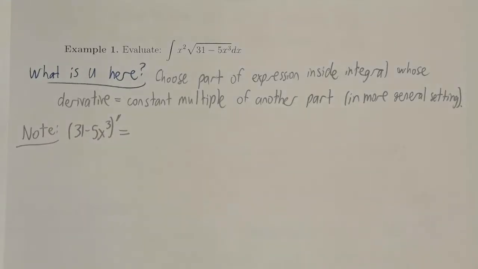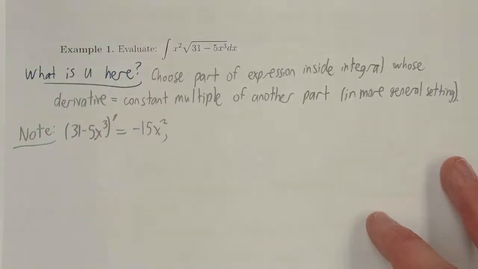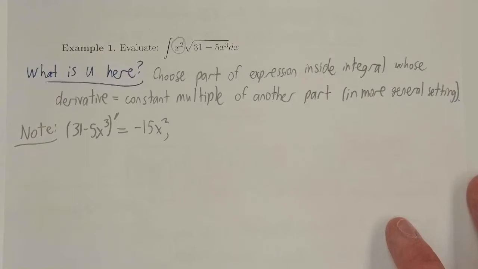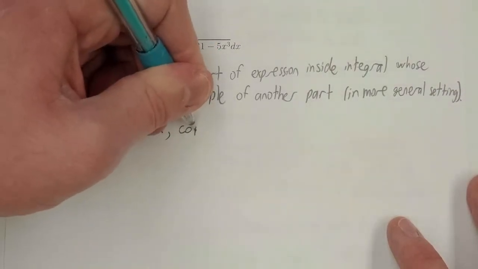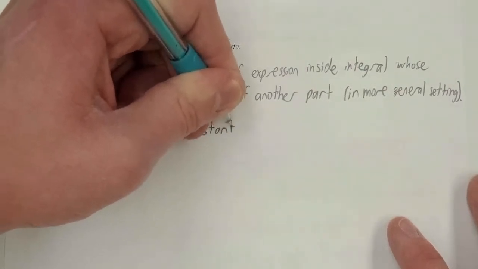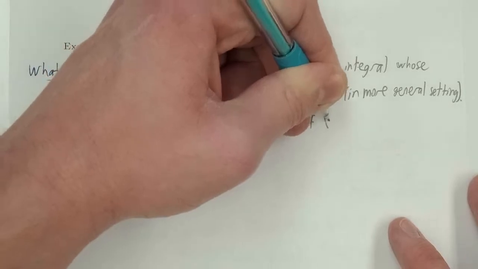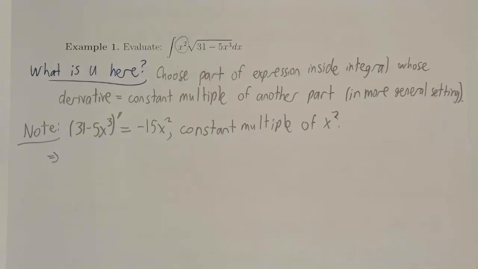Yeah, it's negative 15x squared. But you realize, wait a minute, that's a constant multiple of the x squared hanging outside. So this is going to be a constant multiple of x squared.